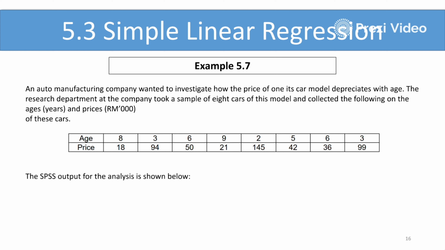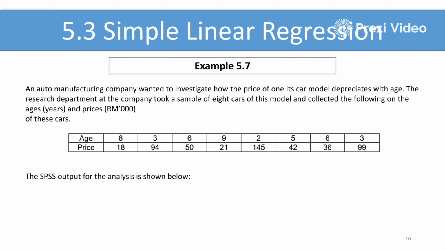So this is one of the example. Dia nak tengok berkenaan dengan auto manufacturing. Dia nak tengok price of one each car model depreciate with ages. So faktor dia kat sini adalah age lah. Okay, betul tak? Sebab disebabkan age, harga kenderaan akan depreciate.